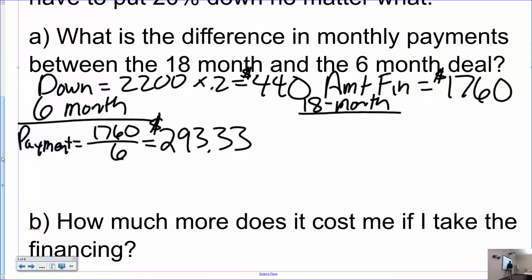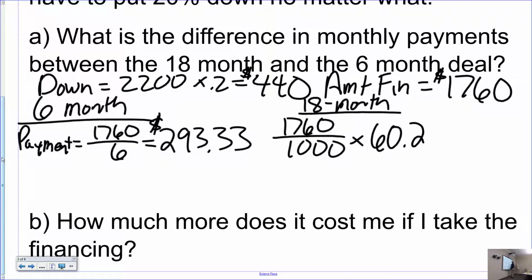Finance divided by 1,000 times 2. 1760 divided by 1,000, and what's the 10.5% 18-month table entry? 60.2. So how much are you paying if you're paying an 18-month payment? $106.11.